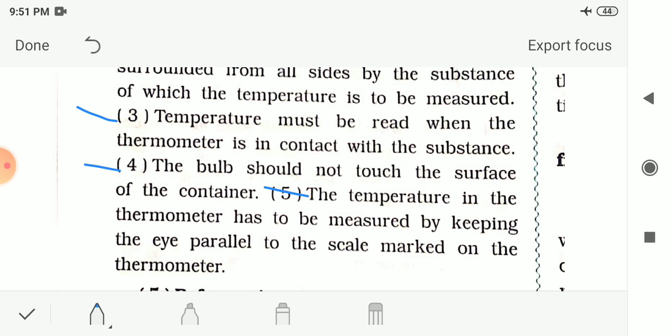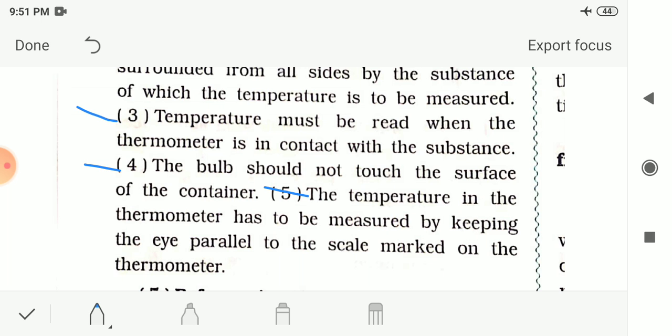So in that, first you have to see that your thermometer is straight, not tilted. Then the bulb should be surrounded from all sides by the substance whose temperature you want to measure.